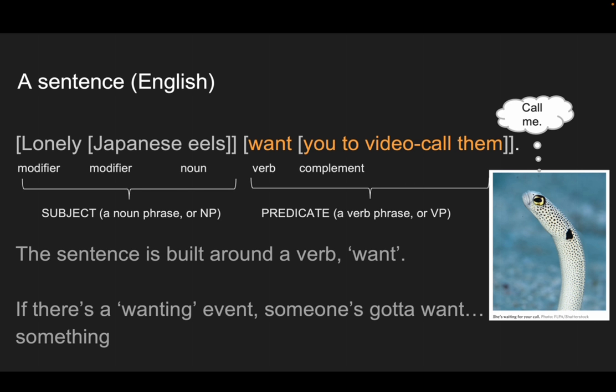So we have the subject and then the predicate, and within the predicate we have the verb and its complement. Those two things can occur in different orders in different languages, but we think those basic units are probably found in sentences in any language, spoken or signed, at least the ones that we linguists have described, and so we think that might be universal.